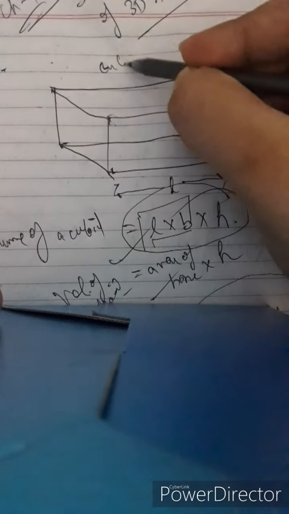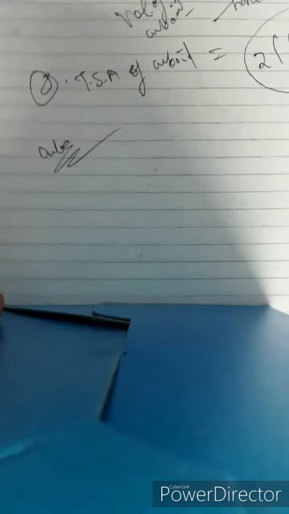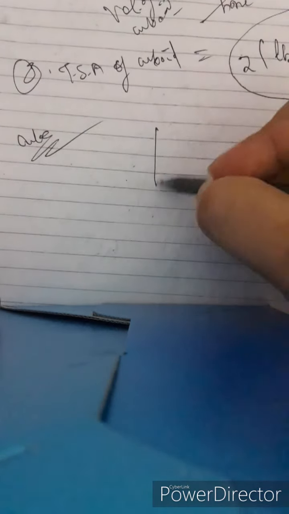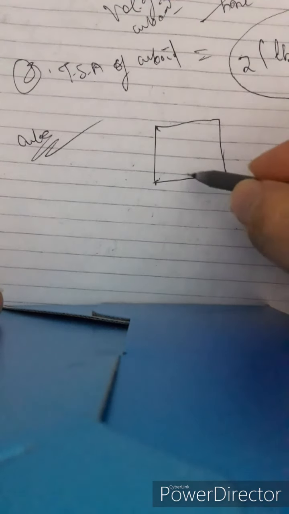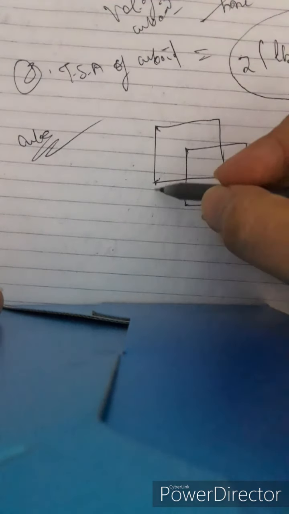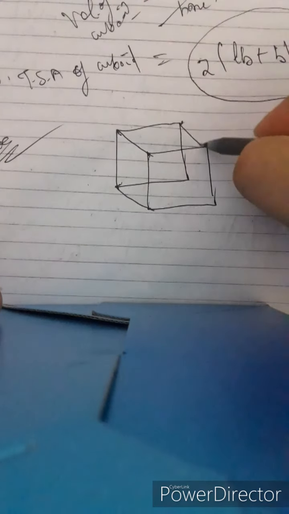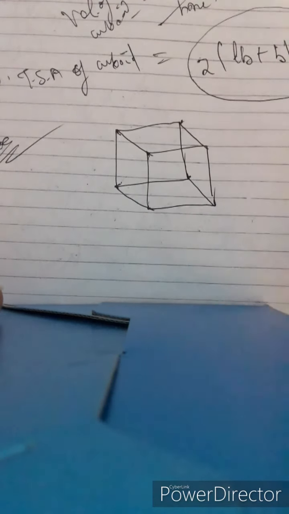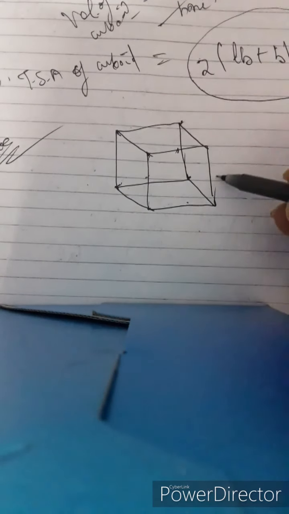now coming to cube. This was a cuboid. Now coming to cube. A cube has all the sides equal.